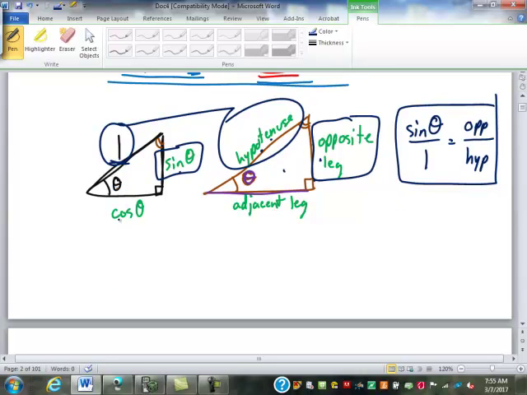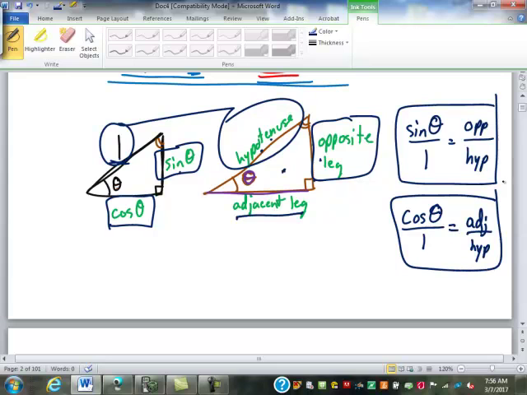If I want to look at the cosine of theta, I'm going to compare that also with its hypotenuse. On this triangle over here, what side corresponds with the cosine? The adjacent leg. So I'm going to abbreviate that ADJ, adjacent. Over, and of course the 1 still corresponds to the hypotenuse.